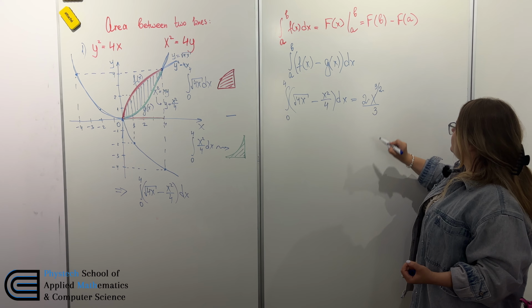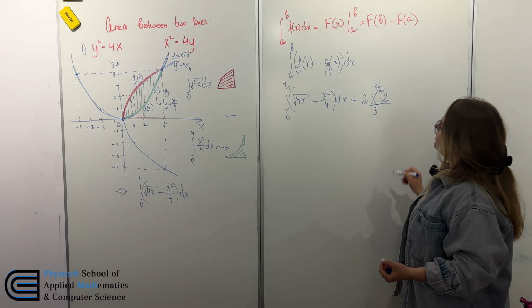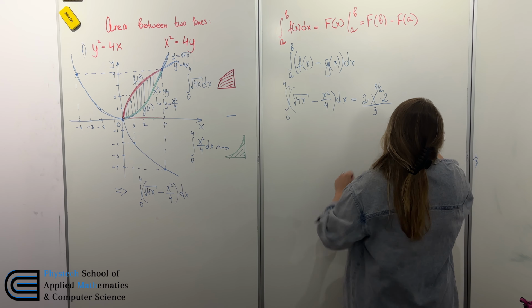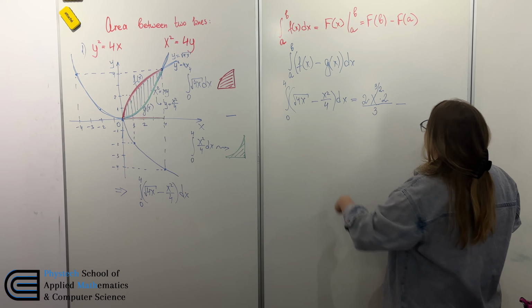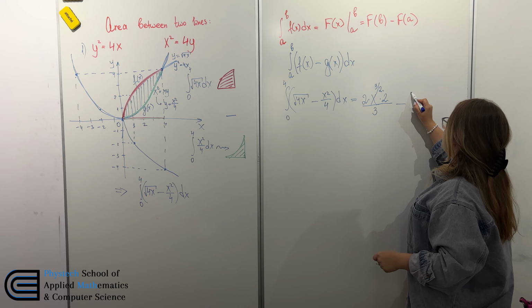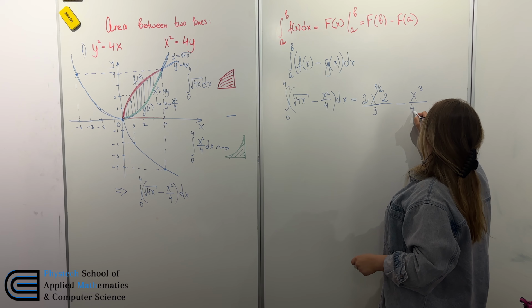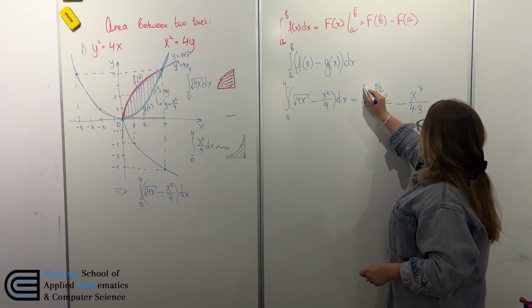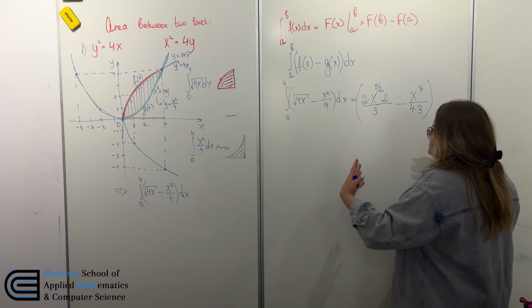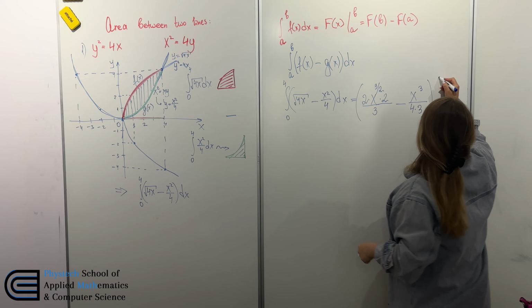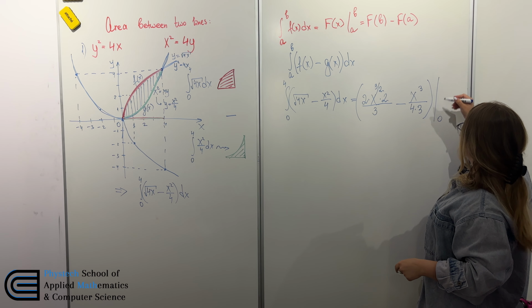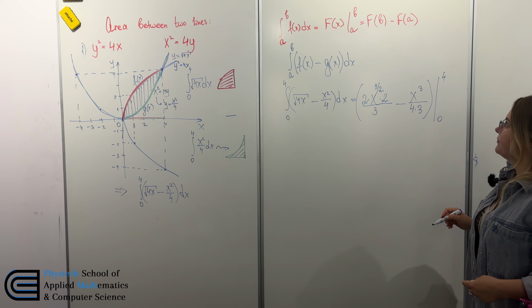So 3 goes down and 2 goes up. And then we need to write this integral. Here will be minus 1, 4, x to the power of 3, and here will be 4 and also 3. And of course our integral is definite, so we need to write here 0 and 4.